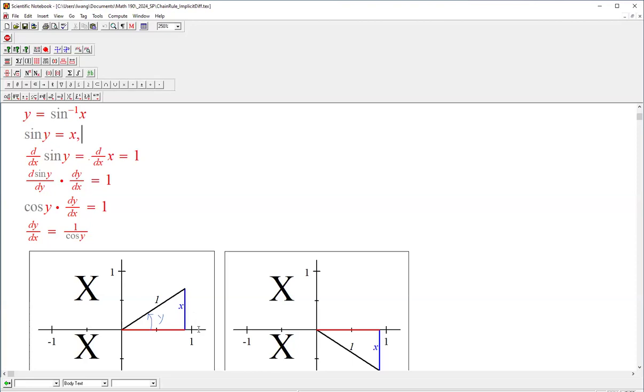That's the information we get. It could be this terminal, or it could be this terminal. Either case, there are only two possible cases. And we want to find out what is cosine y.